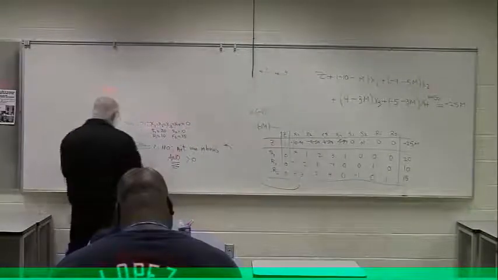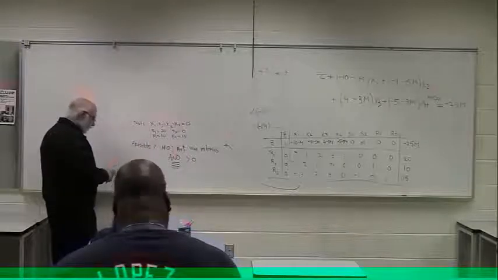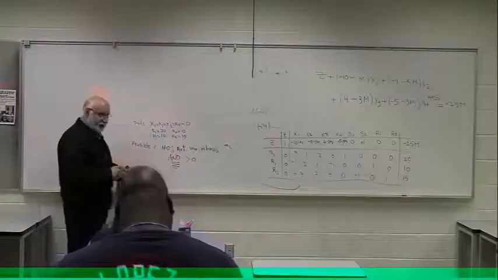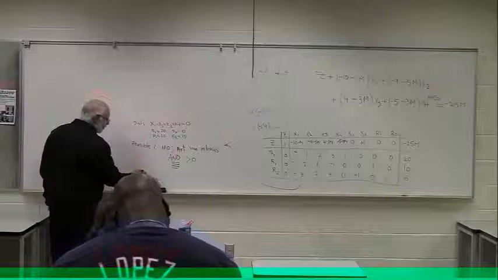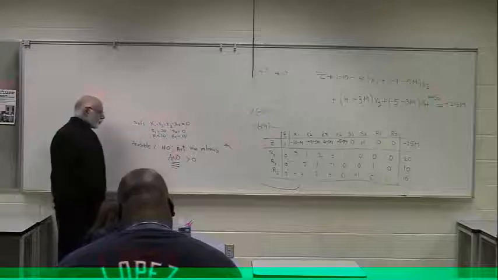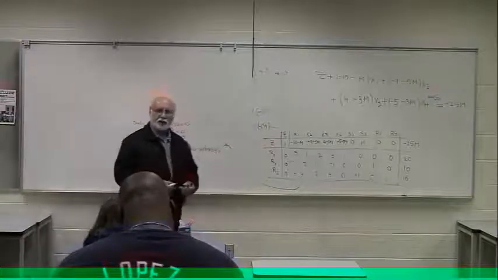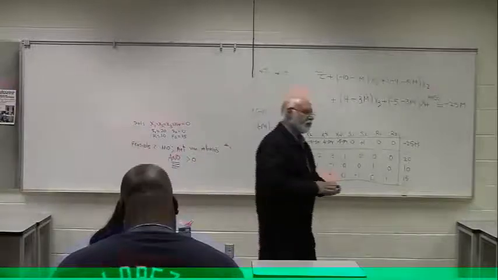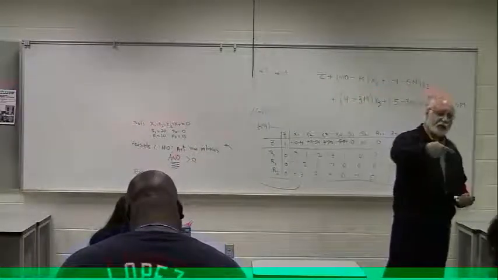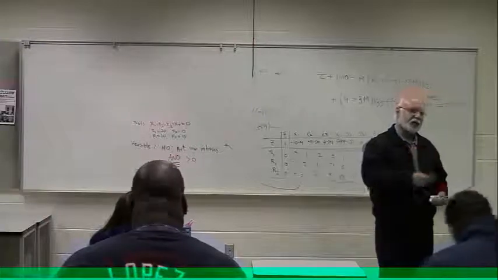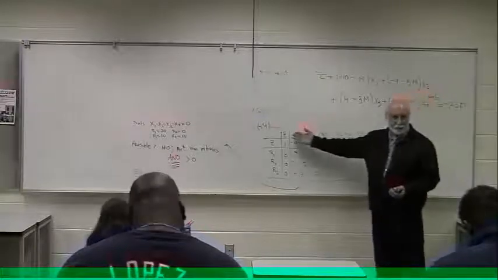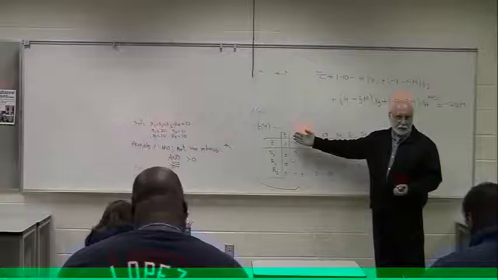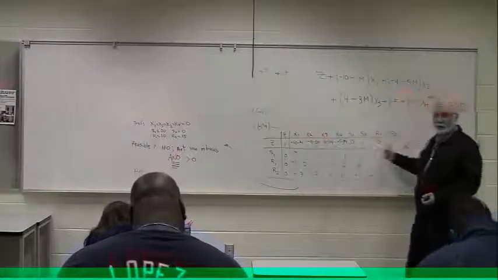What is the next step? What is the third thing that we say? We say entering variable. How did we select an entering variable in a maximization problem? We looked for the most negative in the 0 row. What is the most negative number in here?